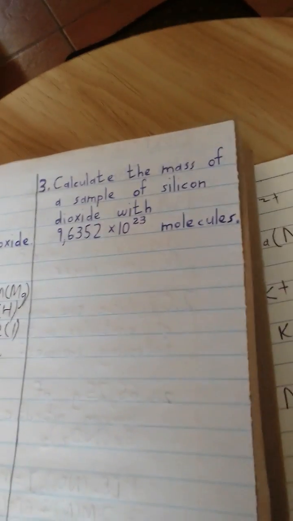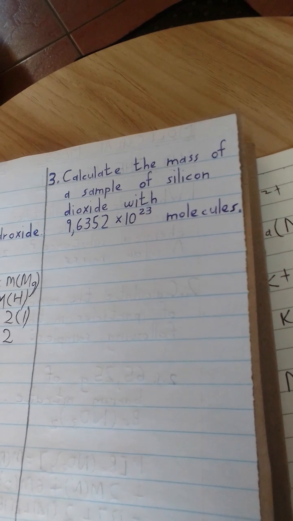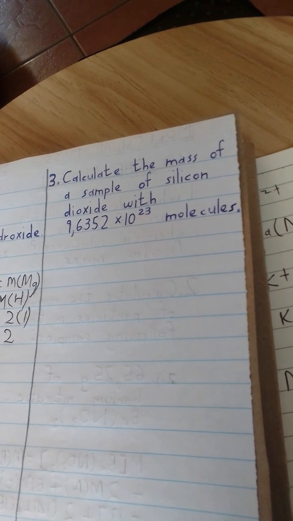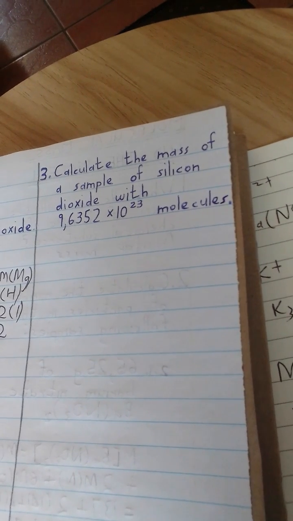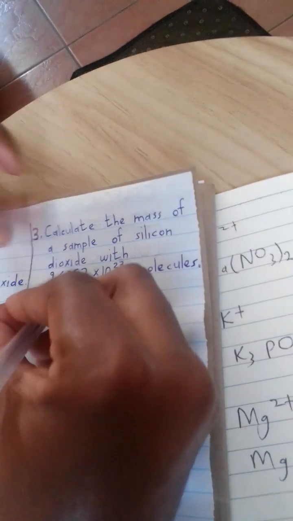Number 3 states, calculate the mass of a sample of silicon dioxide with 9.6325 times 10 to the power of 23 molecules. So silicon dioxide is a molecule, and the formula is in the name. Silicon is Si, dioxide is O2.